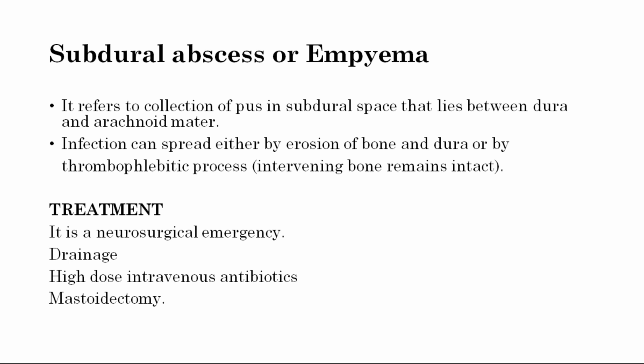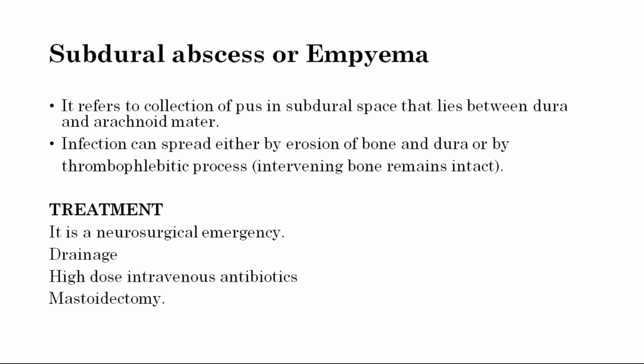Involvement of the subdural space can occur in three ways. One is by thrombophlebitis, another is by direct erosion of the tegmen plate, then erosion of the dura, and then the infection going into the subdural space. Or the other way around, if there is a brain abscess and the capsule ruptures into the subdural space, leading to a subdural abscess.